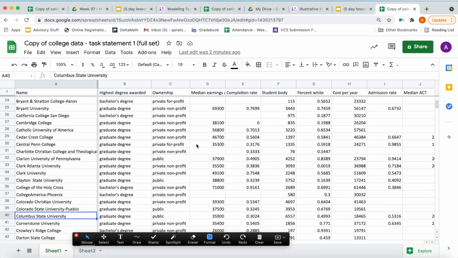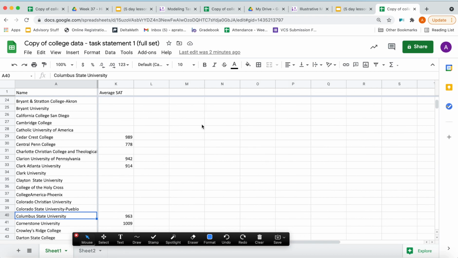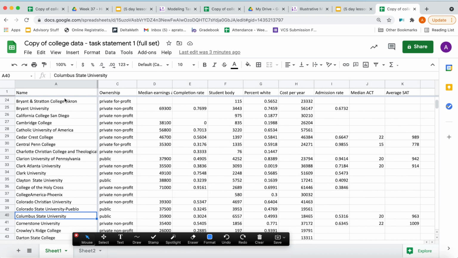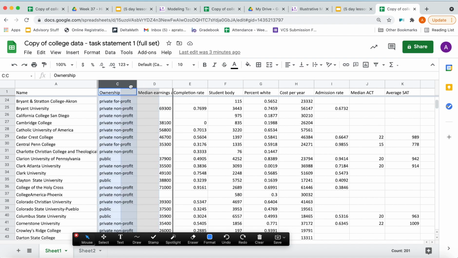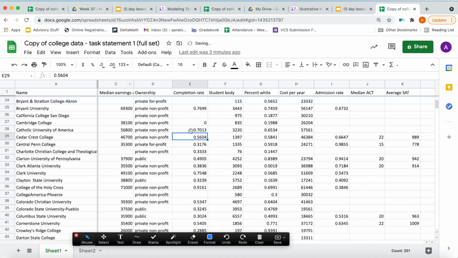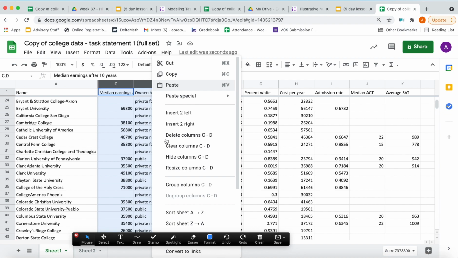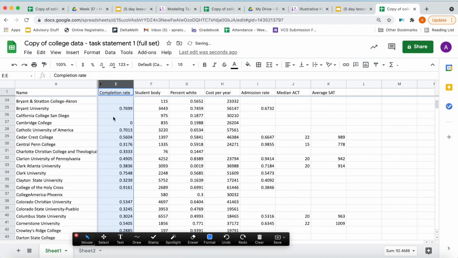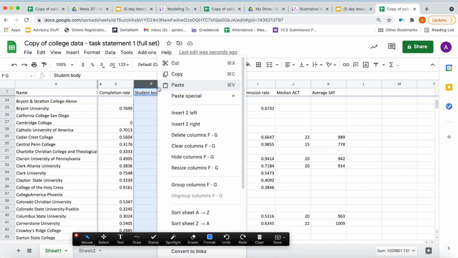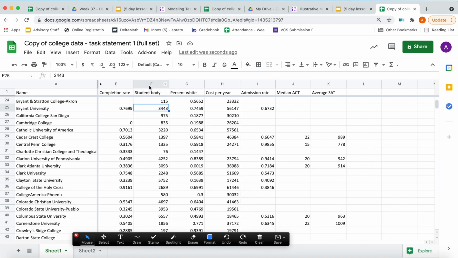You might even choose to copy and paste, or if you want to just look at two columns, you can hide the others. So I'm going to highlight both of these, and then I can right click and just click hide. So let's say I only want to look at completion rate, cost per year, and median SAT score.